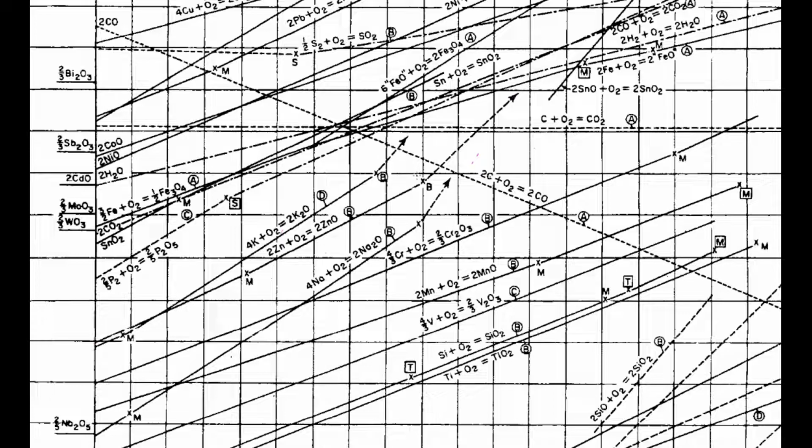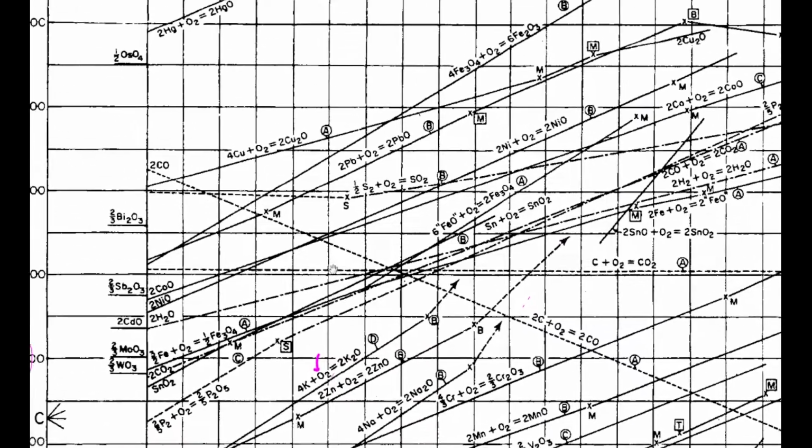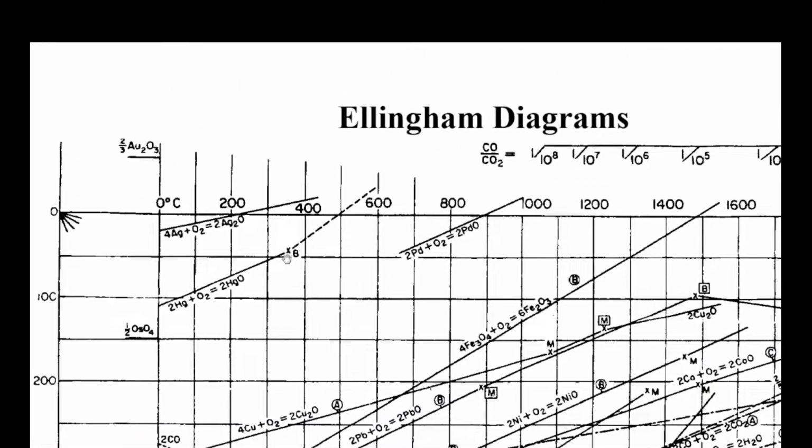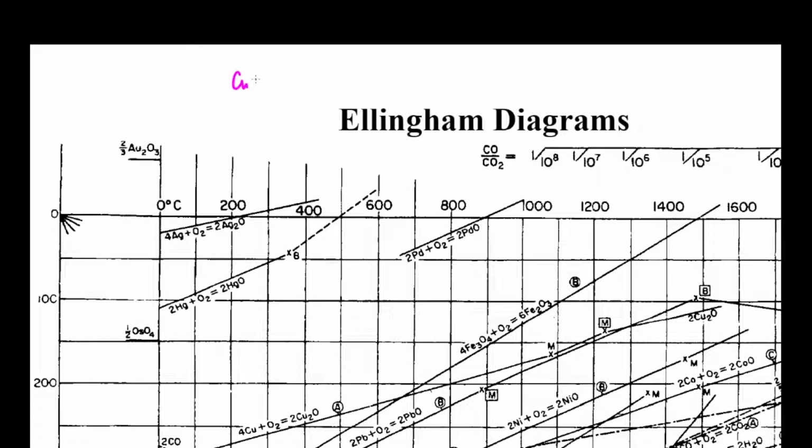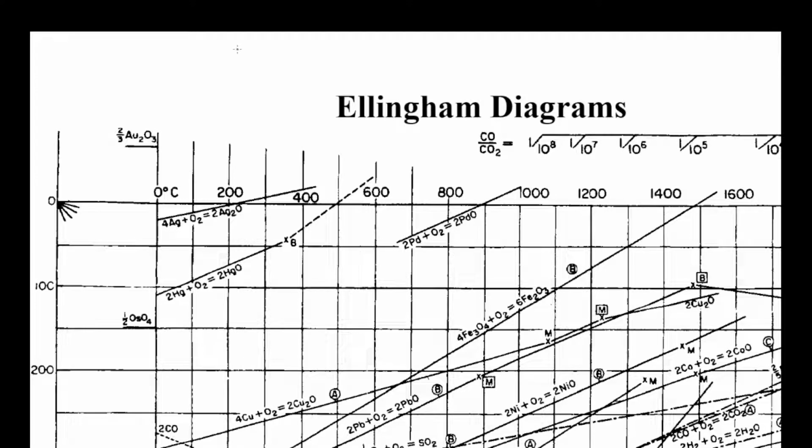The next thing is that it is always on a per 1 mole O2 basis. Okay? So usually kasi, if I were to write, let's just say, the oxidation of copper, so copper plus O2 yields Cu2O.